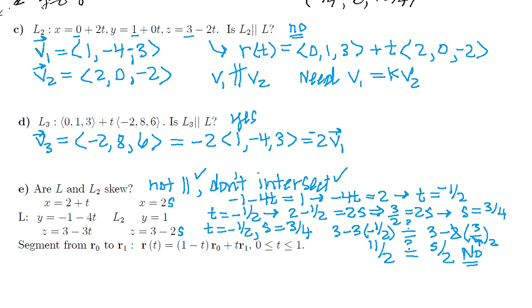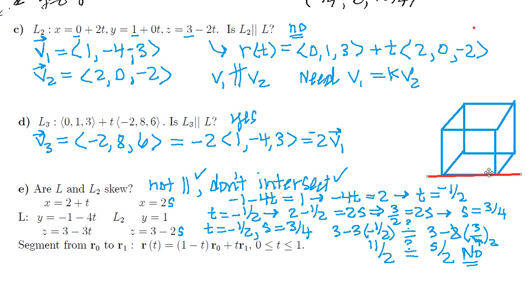And just to get the idea of what skew means visually here, I probably should have shown you this first. Think of a box. Your picture of skew lines would be, I'll do one in red, this line down here, and for example, this line up here.